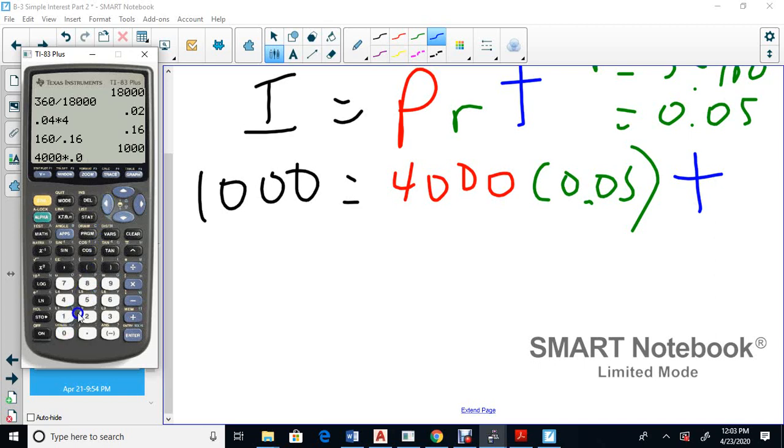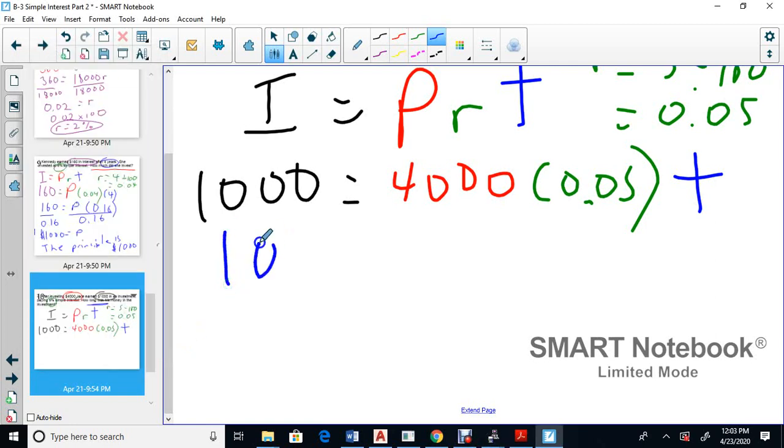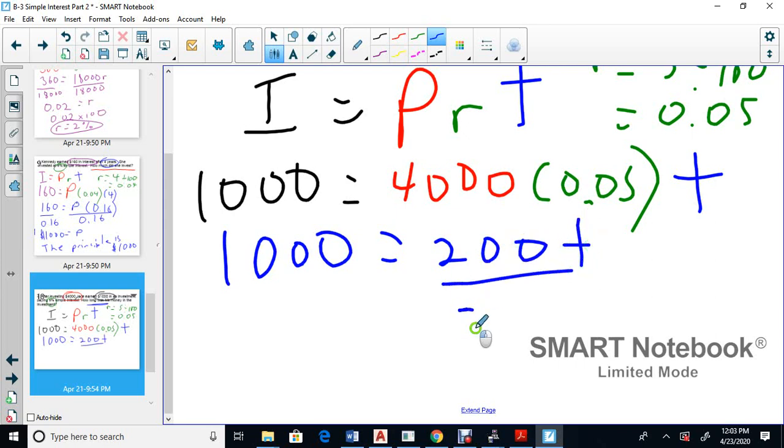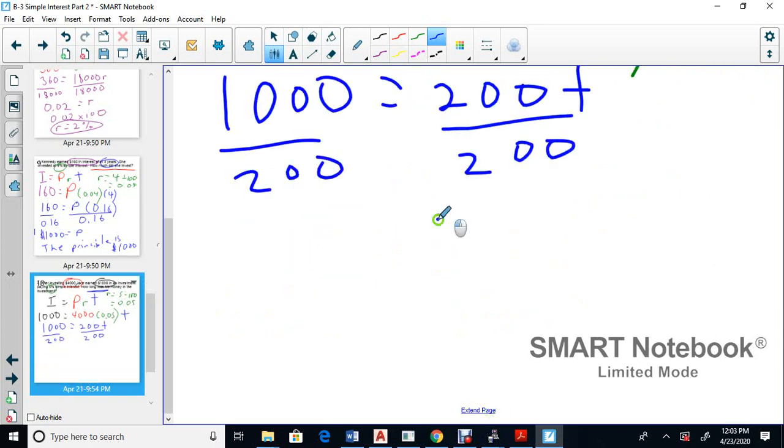Maybe I'll hit the zero. My big fingers just can't hit. That's 200. So you get 1,000 equals 200 times T, so divide both sides by 200. I know 10 divided by 2 is 5, and the zeros cancel out, but I'll use my calculator anyway.